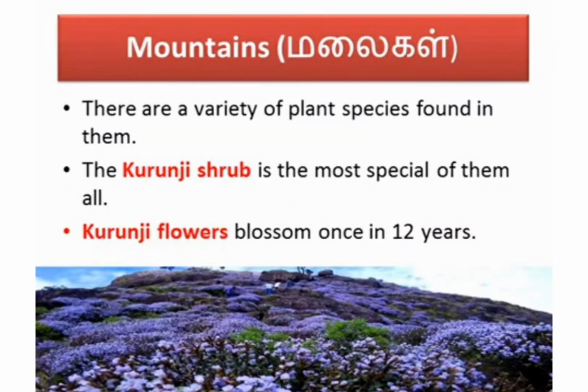There are a variety of plant species found in them. The Kurunji shrub is the most special of them all. Kurunji flowers blossom once in 12 years.